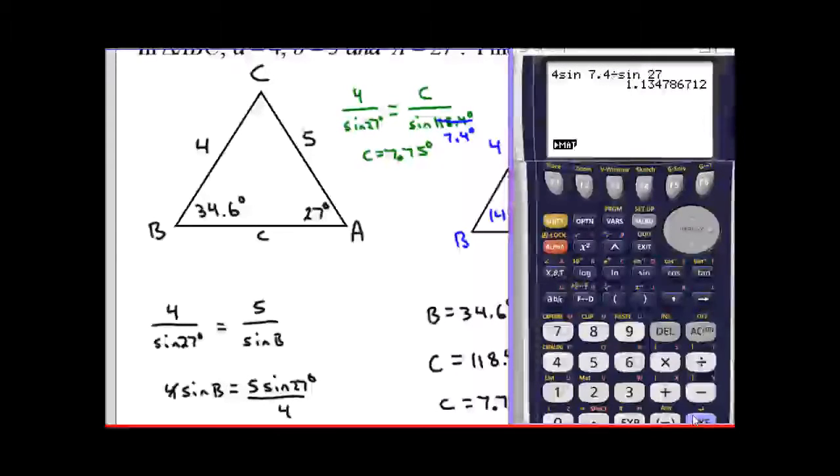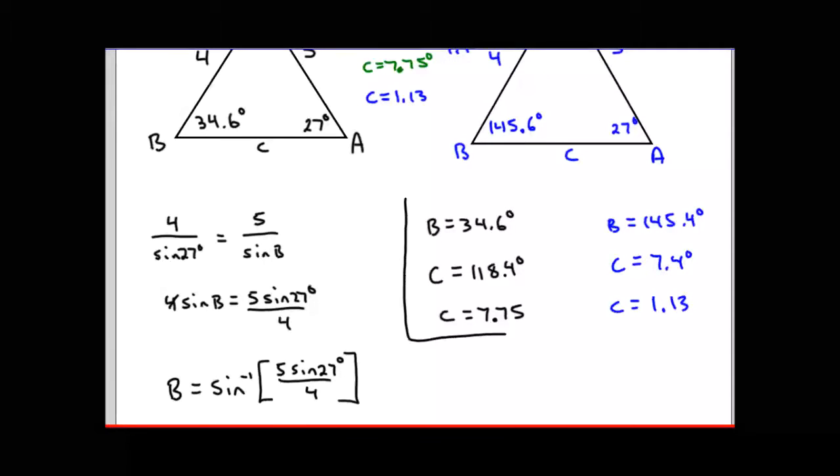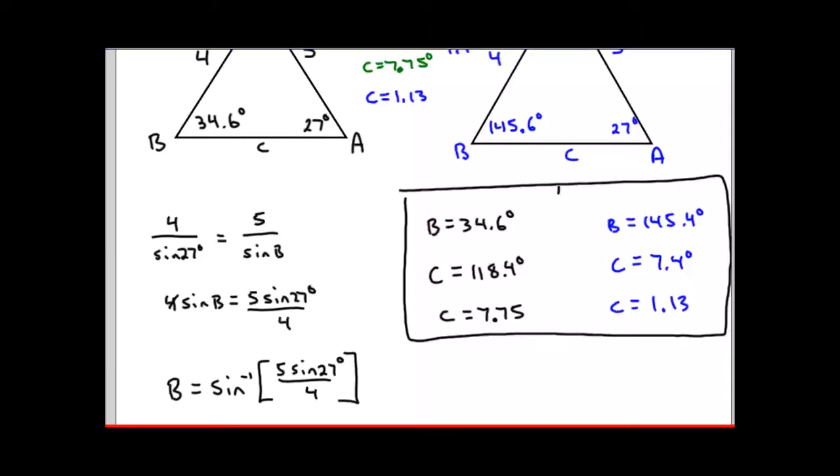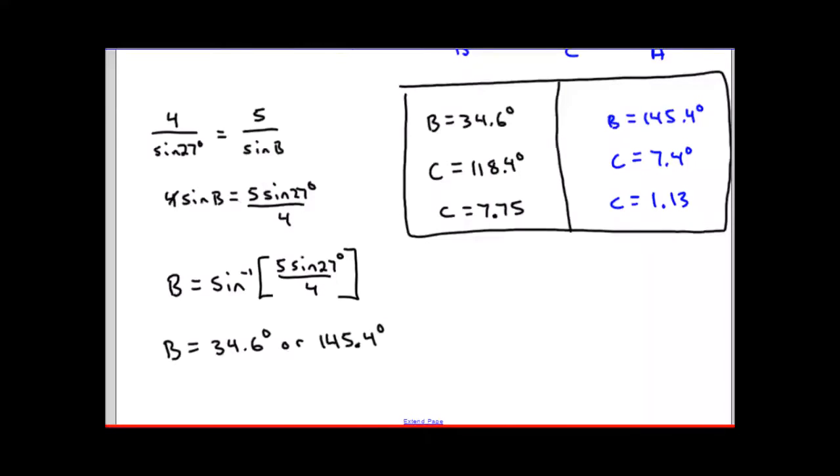And I get 1.13, so in this triangle C is 1.13. Again, we had two different triangles because there were two different values that angle B could be.